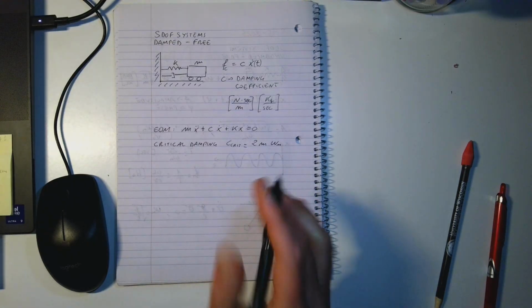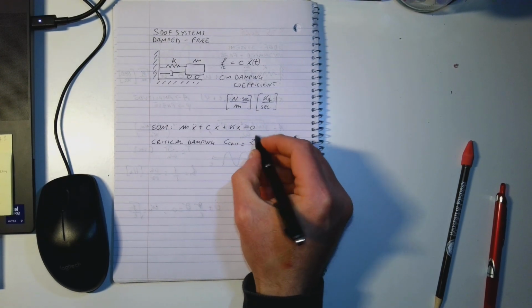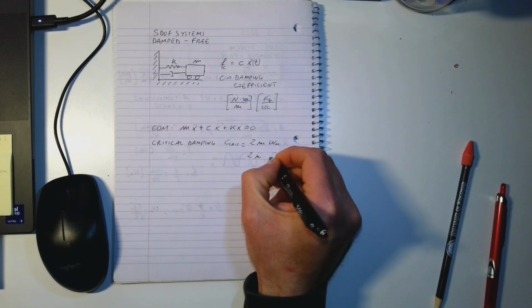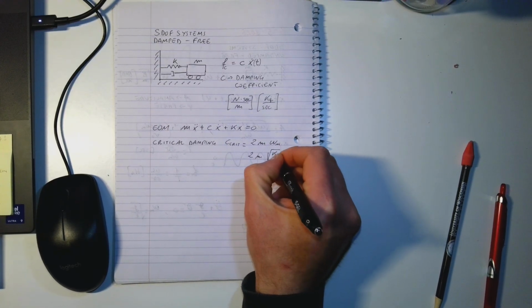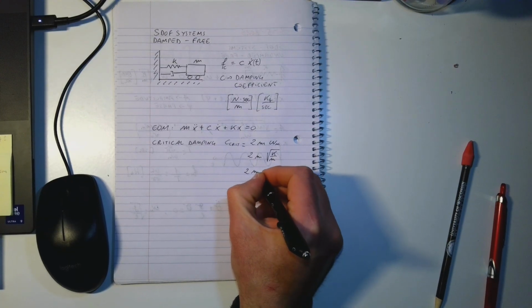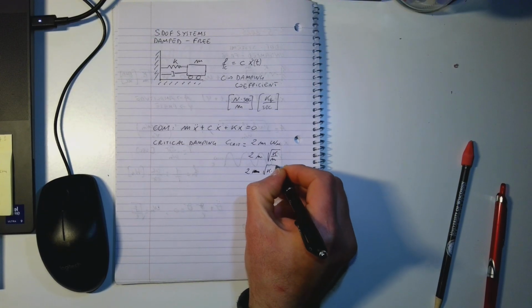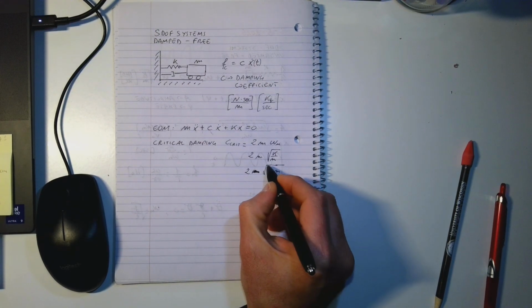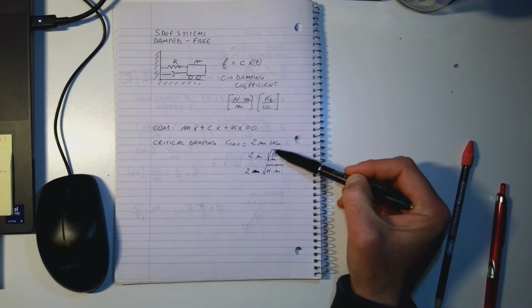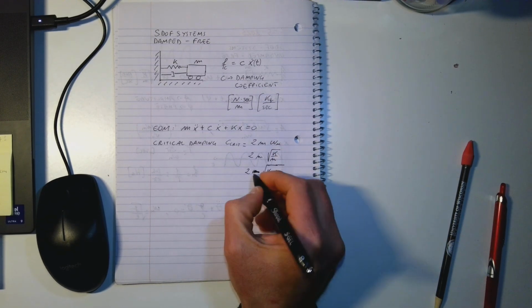It can be written also in slightly different ways. It can be written also as 2m and then square root of k over m, or 2 and then square root of k times m. These three forms of the critical damping are equivalent, of course.